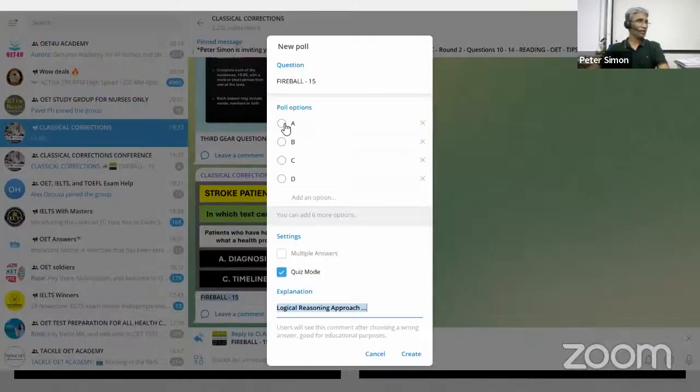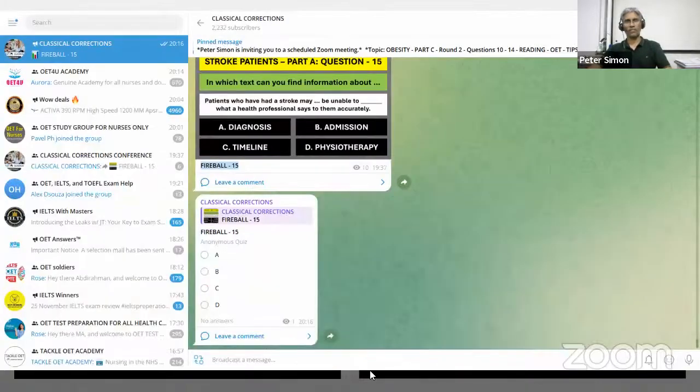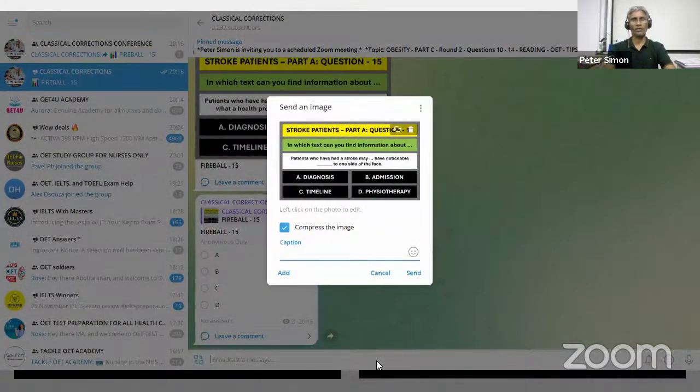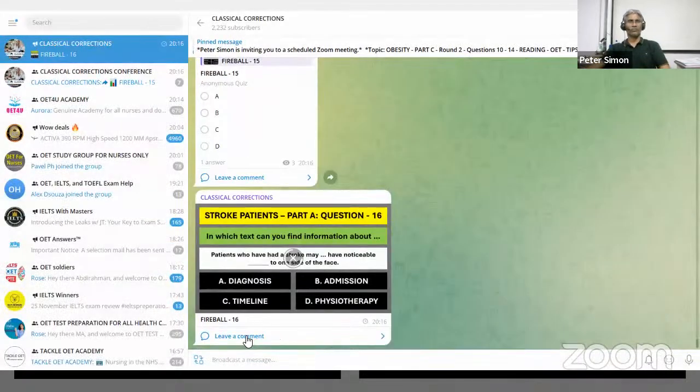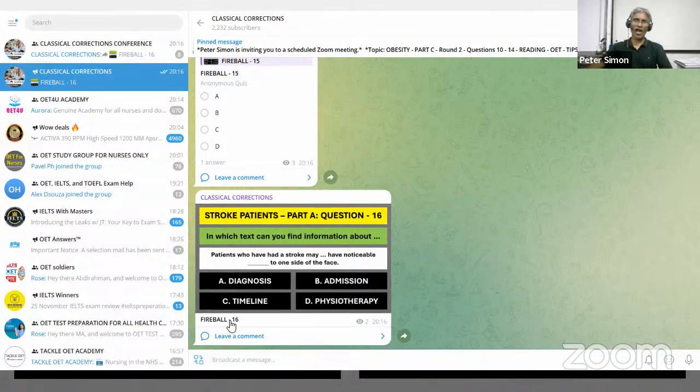This was in A, right? Okay. Next one. Question 16. Patients who have had a stroke may dash have noticeable dash to one side of the face.